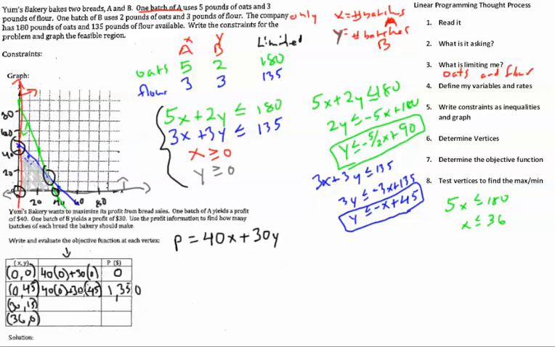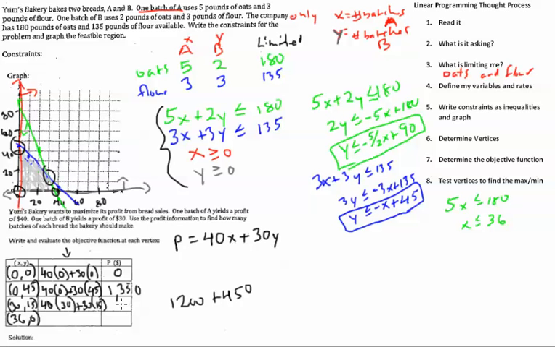Let's check our next combination out. I've got $40 times 30 batches of bread A plus $30 of profit for 15 batches of bread B. 30 times 40 is 1,200, and 30 times 15 is 450.